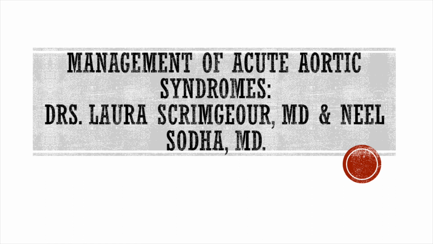So it sounds like penetrating atherosclerotic ulcers have a tendency to progress into intramural hematomas. Is that correct? They can, there's a lot of controversy about the origin of an intramural hematoma. There are a number of surgeons out there who think that there's actually a small focal dissection flap somewhere that just can't be seen on the CT scan, and that allows blood to get between the intima and media.